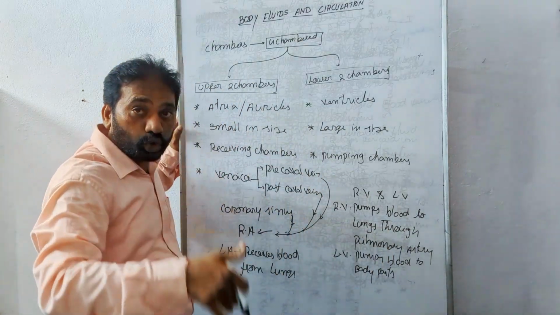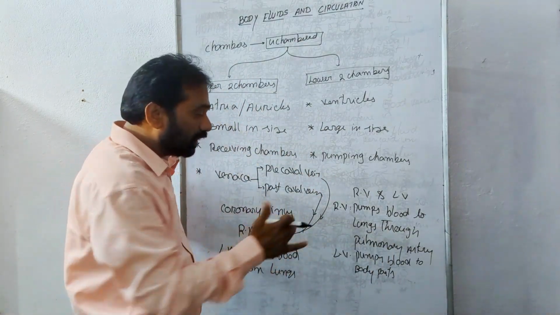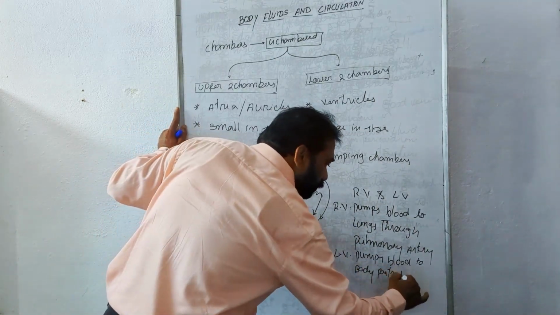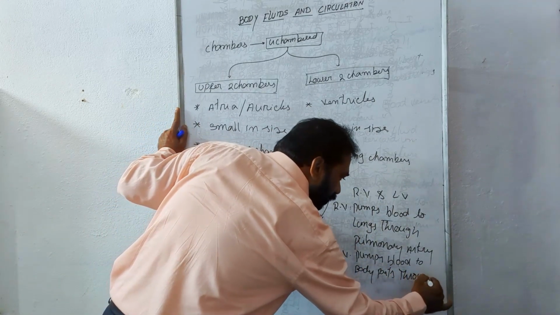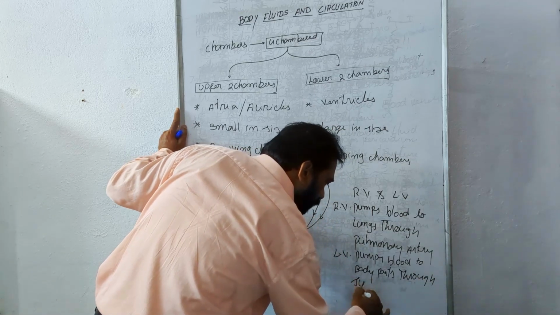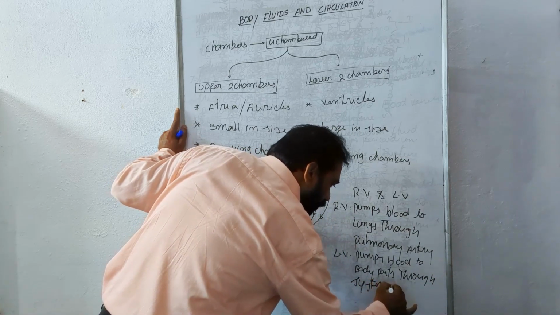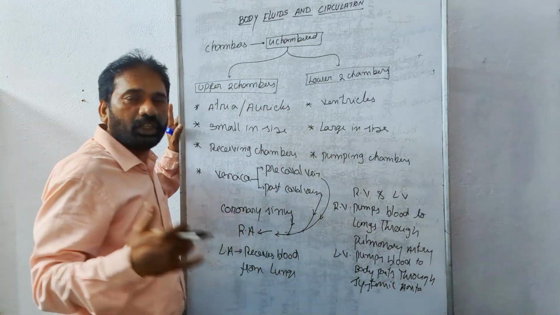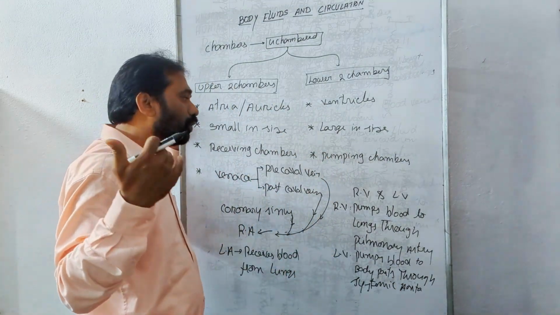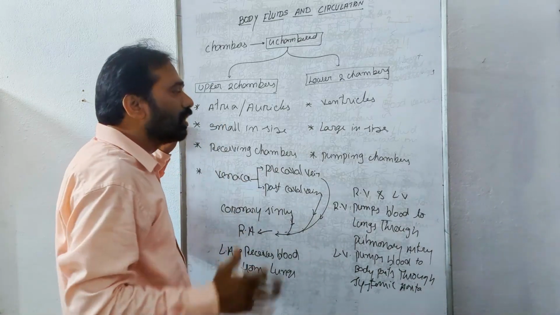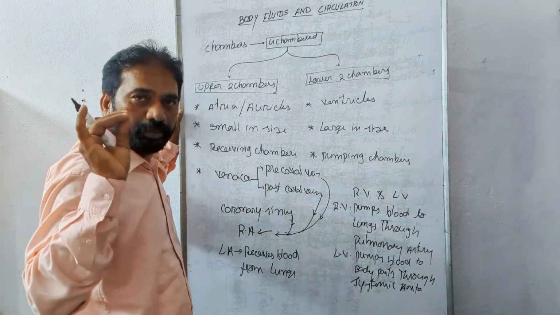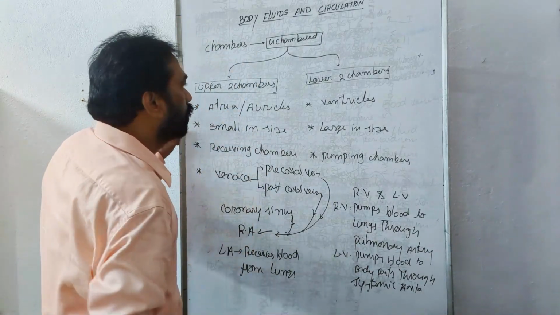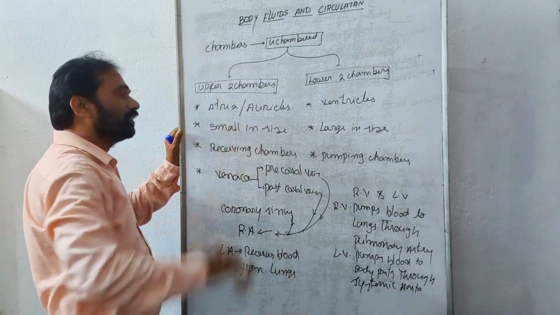From head to toe, they supply the blood through systemic aorta, and then these arteries and arterial capillaries. All those are used for pumping of blood to the total body, from head to toe. These are the chambers.